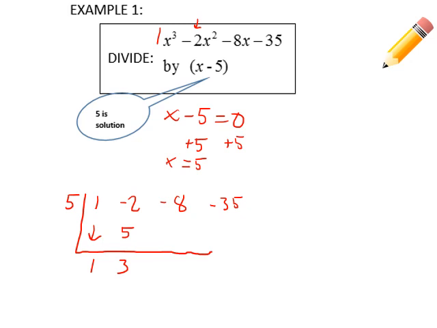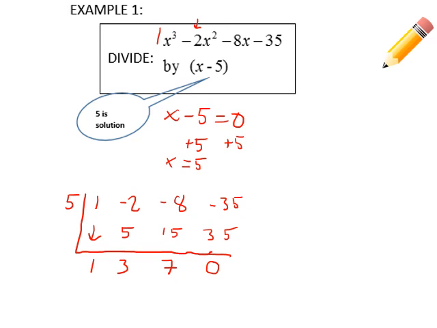Now I repeat until all of our columns are filled in. 5 times 3 is 15. -8 plus 15 is 7. 5 times 7 is 35. And when I combine those last two, I get 0. Now, since my last column is 0, that's my remainder. So I'm not going to have a remainder on this polynomial.